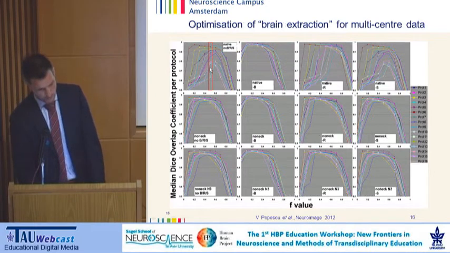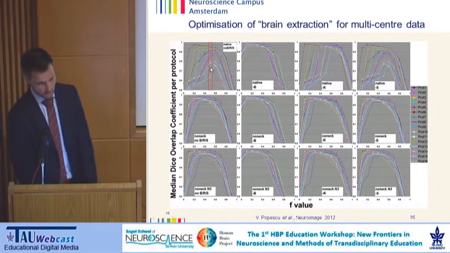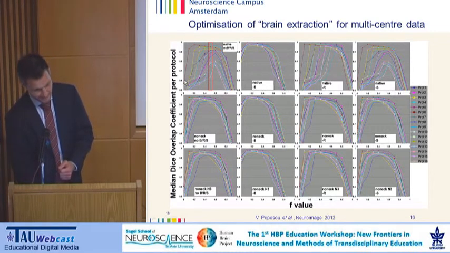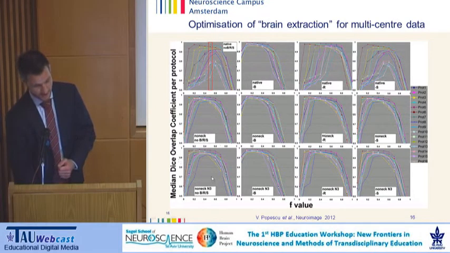And Veronica Popescu very elegantly analyzed all this very systematically with different kinds of pre-processing for the images, removing the neck, and also performing inhomogeneity correction, and then looked at how the performance varied.